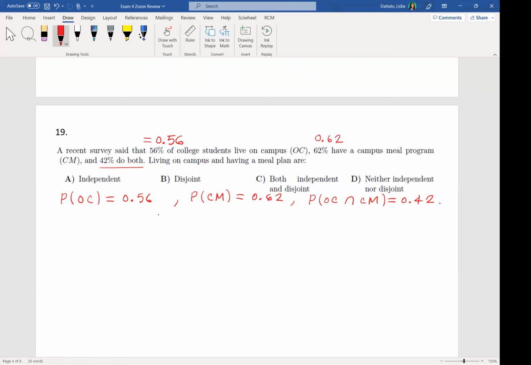Well, before we start choosing, let's figure out what that means. Let me check if events are disjoint.